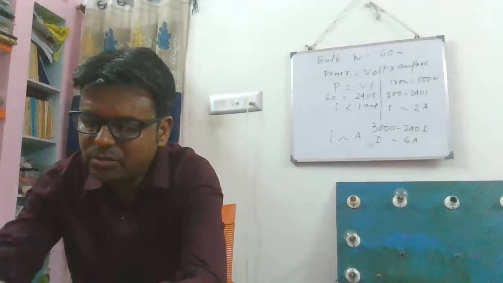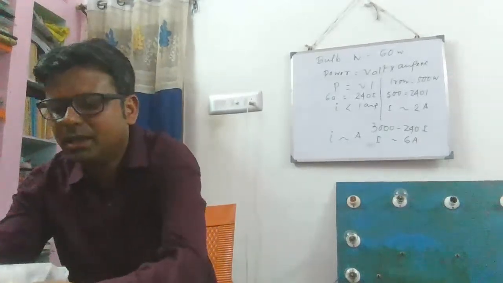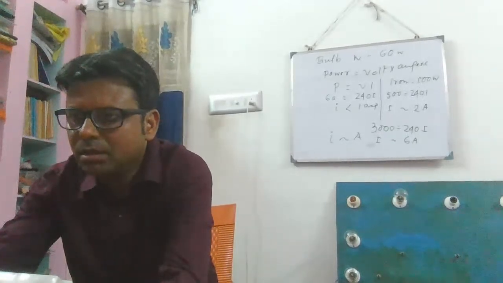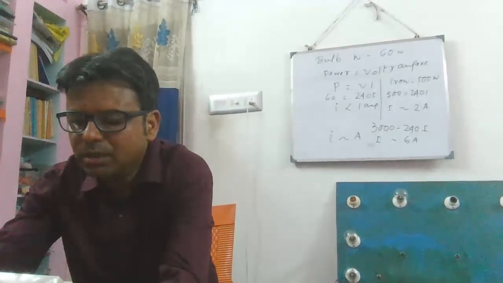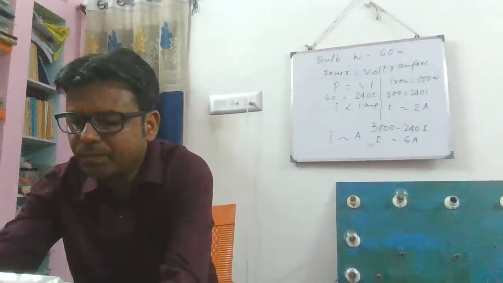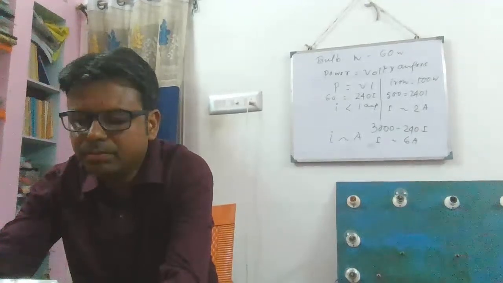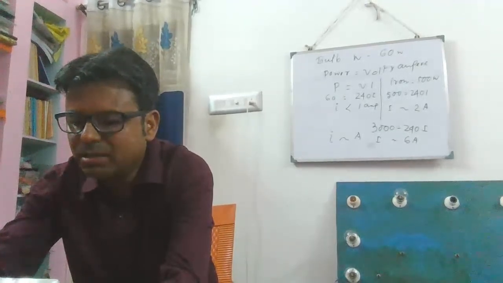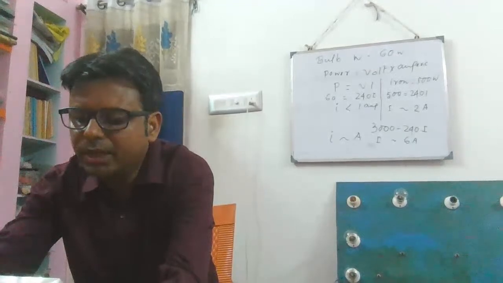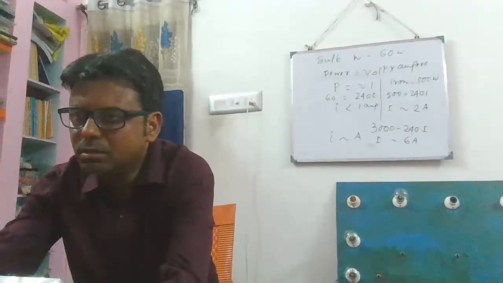I am closing the switch, and the power is on, and the LED is now glowing. If I disconnect, the LED is off. If I connect, the LED is on.